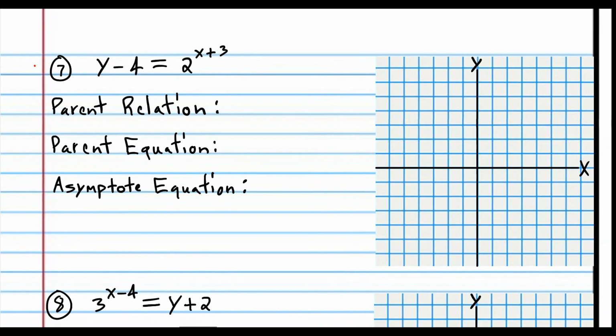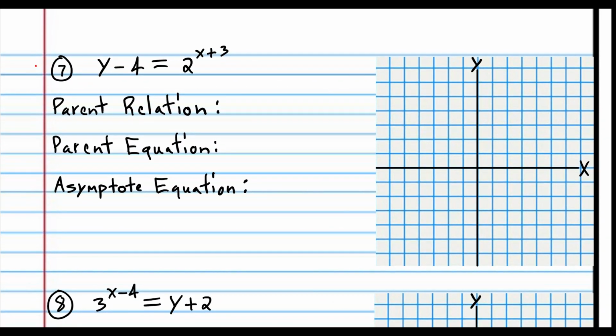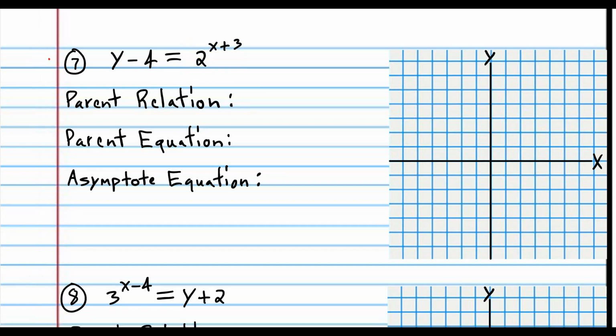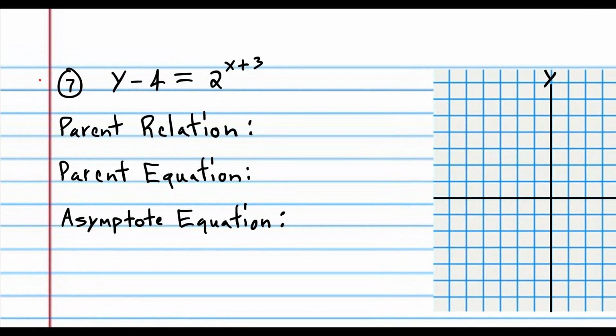Again, we're going to use parent relations to help us graph these modified versions. So what parent relation do we use? Well, notice that there's a variable in the exponent of this expression here. So that means we're going to use the exponential parent relation.